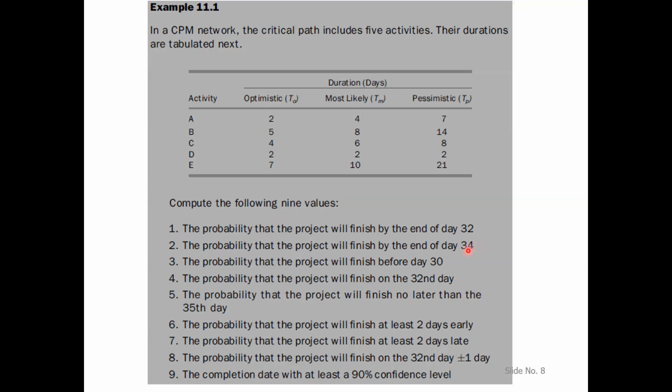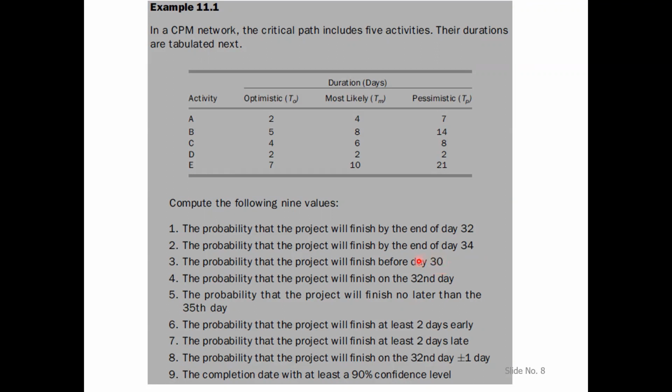Then, of course, there are some more questions as well. The probability that the project will finish before day 32. Here, you should be mindful of the wording of the question. Finishing before day 30 does not mean finishing by the end of day 30.